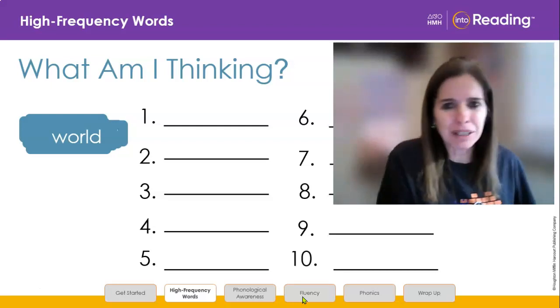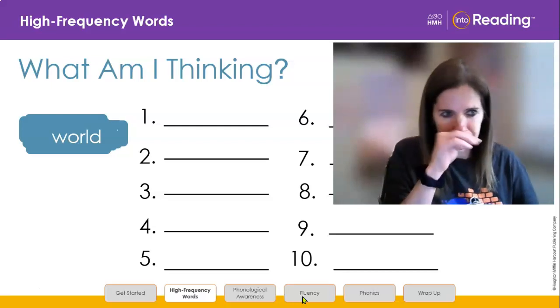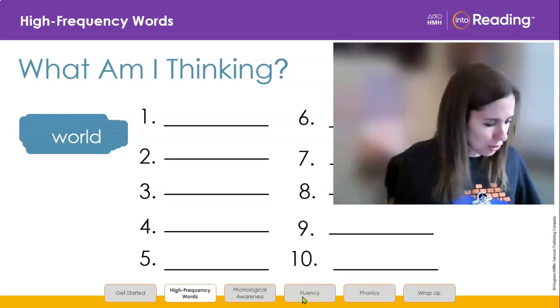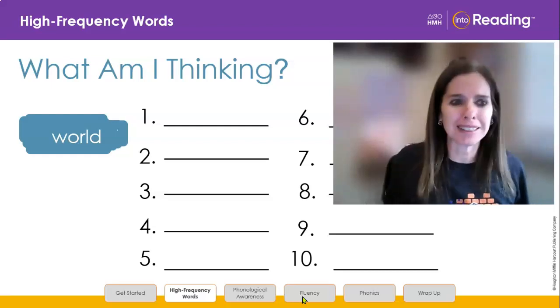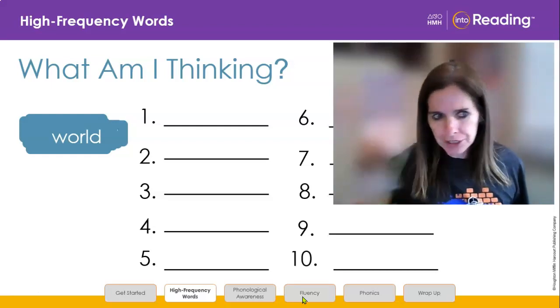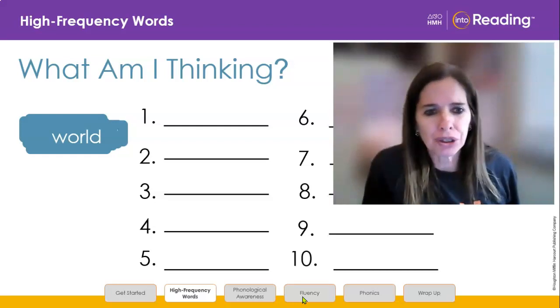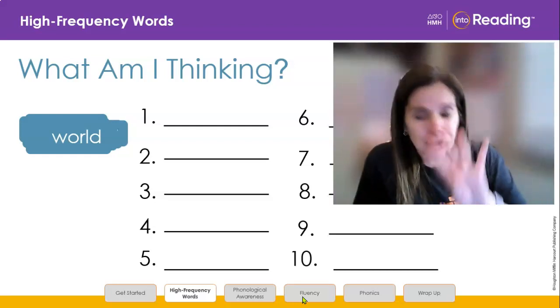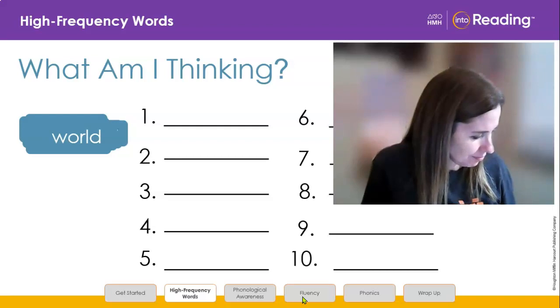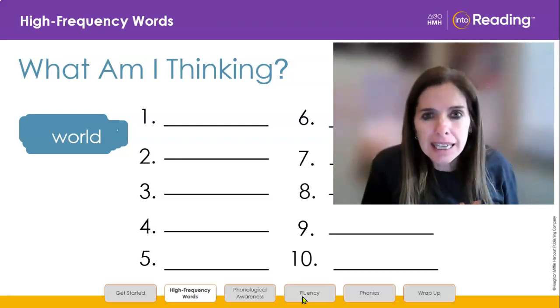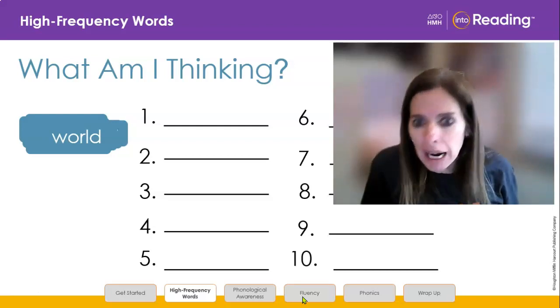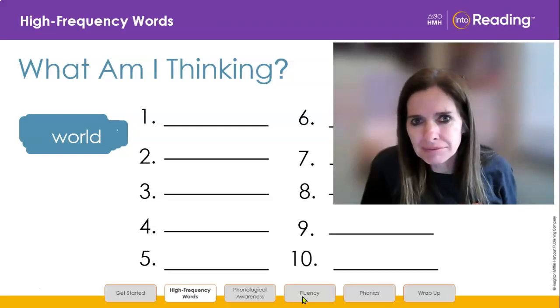All right, are you ready for number 3? Remember, you're going to find this word somewhere in that word bank. I'm thinking of a word that has 4 letters. It rhymes with wide. And I'll give you one more clue. It has a vowel consonant E pattern.